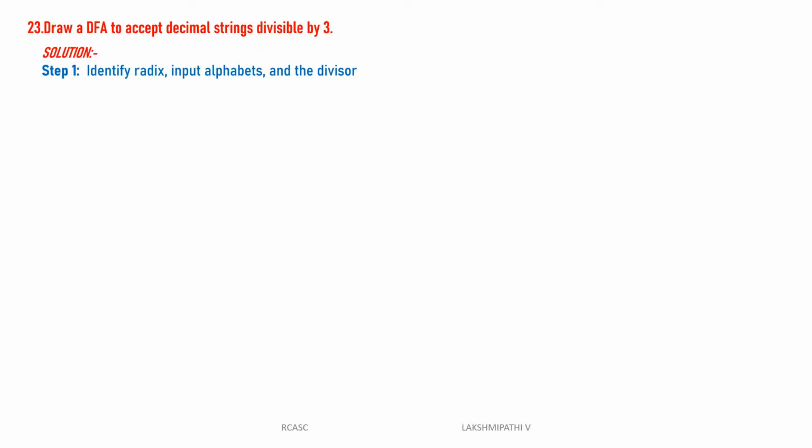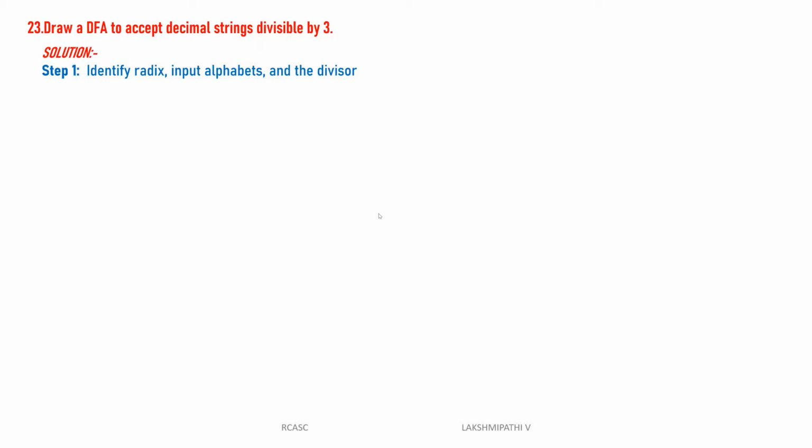The string is decimal, so the radix is 10. Then the input alphabet D, in a decimal number, takes the digits. Once we take R equal to 10, D will go 0, 1, 2, 3, 4, 5, 6, 7, 8, 9.